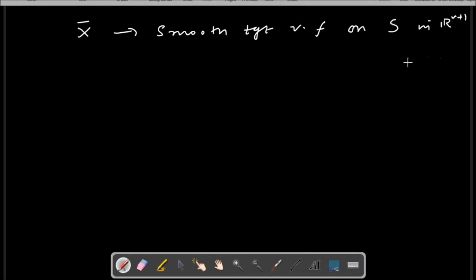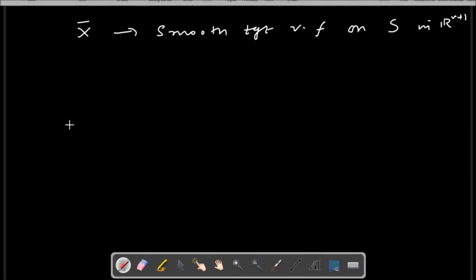So first of all, what is given? It is given that X bar is a smooth tangent vector field. I'm writing vector field in short as VF. So X bar is a smooth tangent vector field on your n-surface S. Okay, S is an n-surface in R^(n+1).